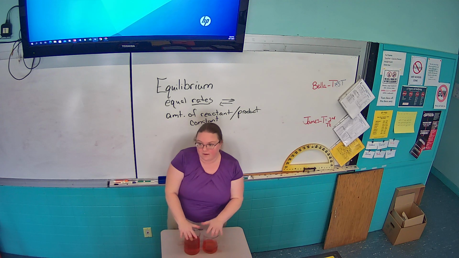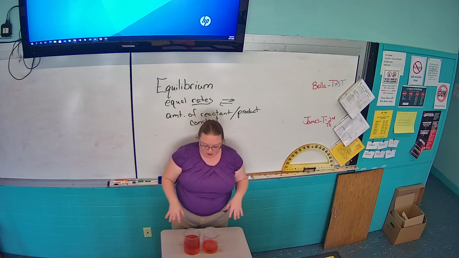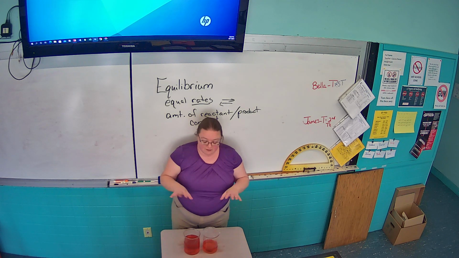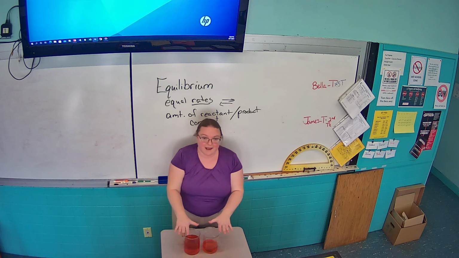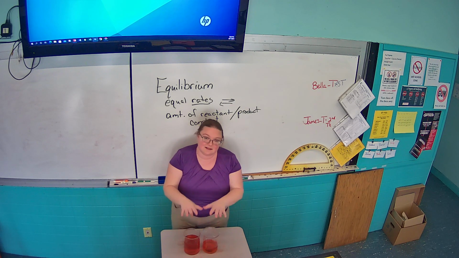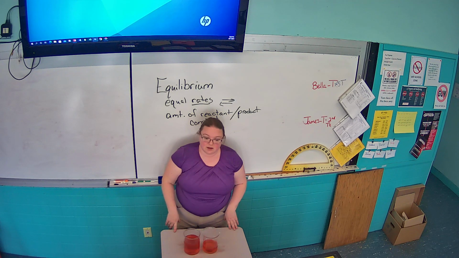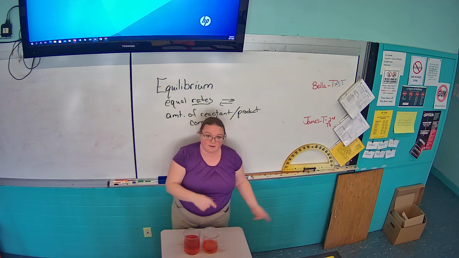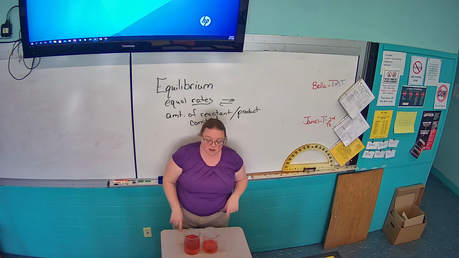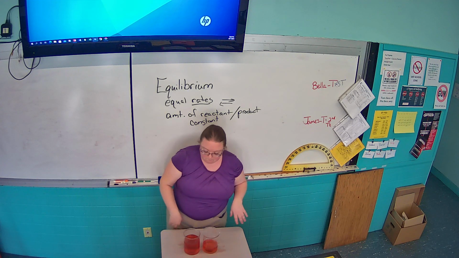So this isn't perfect for a demonstration of equilibrium, but it is giving you a visual that the amounts of reactants and products do not need to be the same, but they will be constant once it's reached equilibrium. And that's because the rate of the forward and the reverse reaction will be equal.